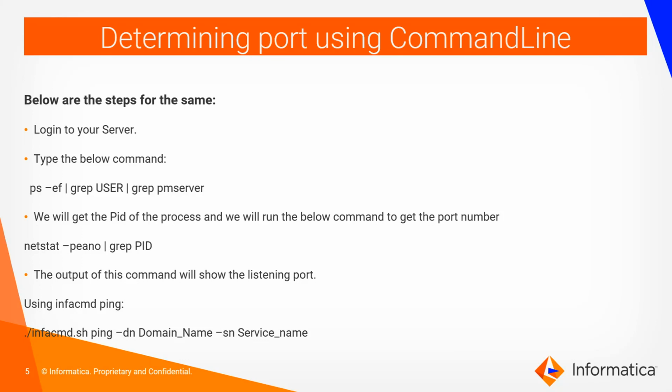So we will use the command to find the PID of pmserver and pmrepagent, which are for the PowerCenter Integration Service and Repository Service, and then we will use the netstat command to find the port on which that particular process ID is running. We will also see how to find the port using the infacmd ping command.